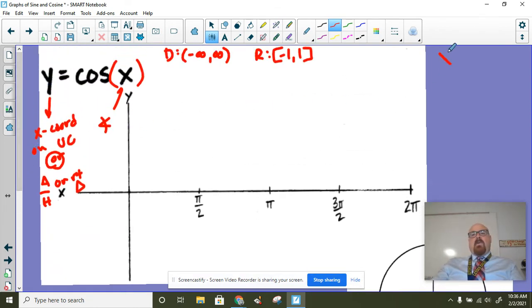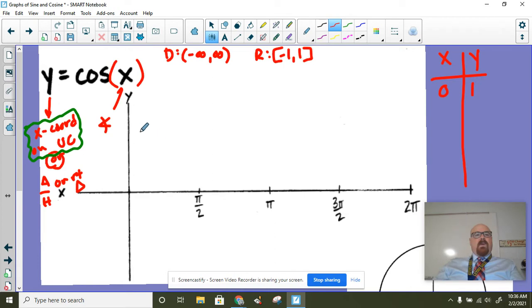All right. When we graph cosine and we choose these points, we'll start with 0. And when we take the cosine of a 0 radian angle, we'll focus just on x coordinates here for right now. What is the x coordinate on the unit circle for a 0 radian angle, right?